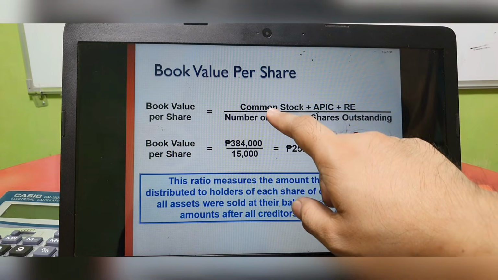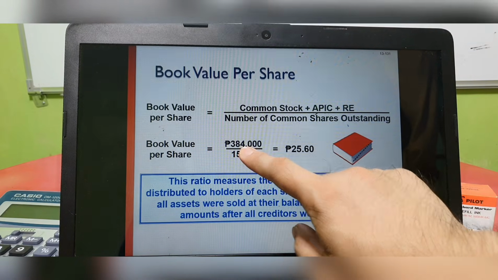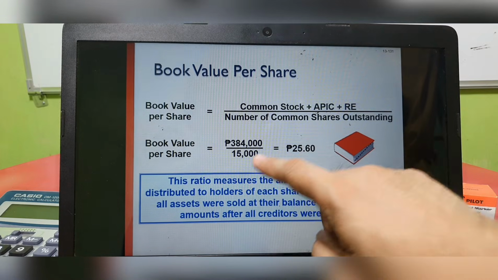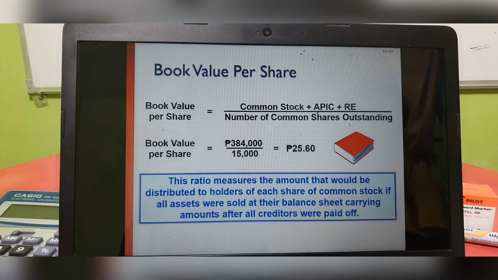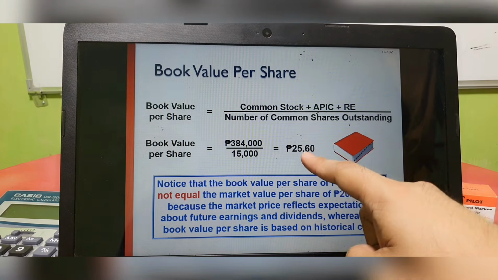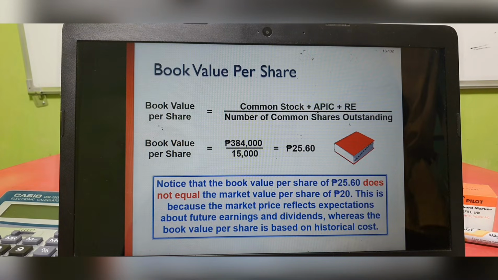Okay? So, ang common stock plus APIC plus RE natin, ang total ay 384,000 over 15,000 at the end of the year. So, ang ating book value ay 25.6. So, if you will notice, yung book value natin na 25.6 ay iba sa market value natin na 20 pesos.